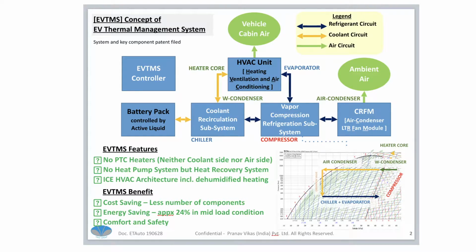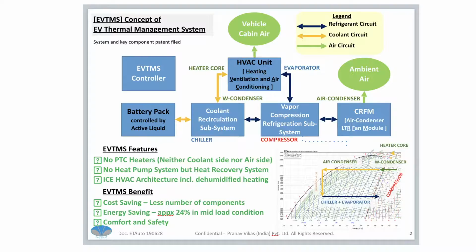So what is the system we are developing? This is an electric vehicle thermal management system. We call it the EBTMS. This system serves HVAC, the air conditioning system in the vehicle, and also a battery thermal management system using an active liquid.